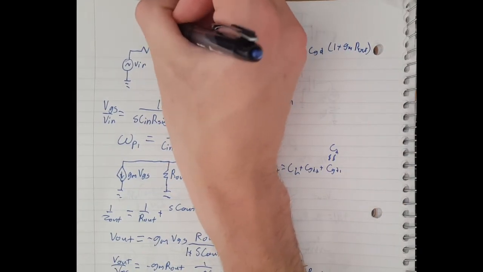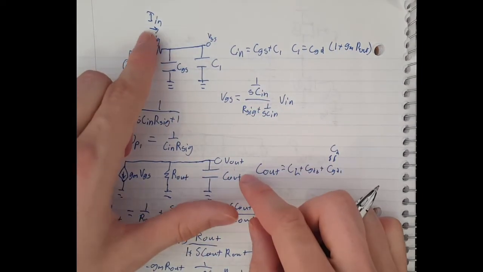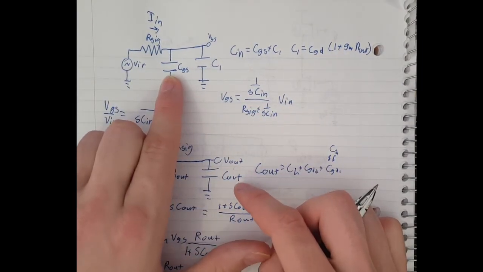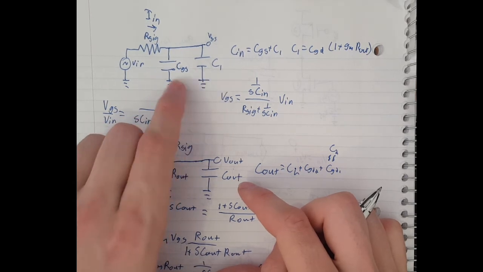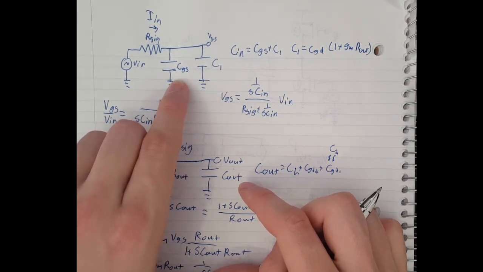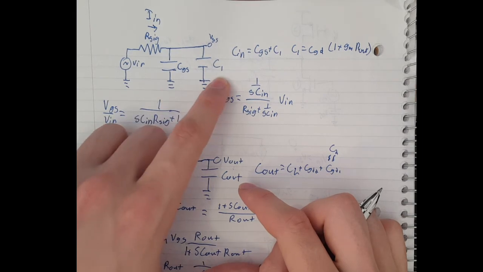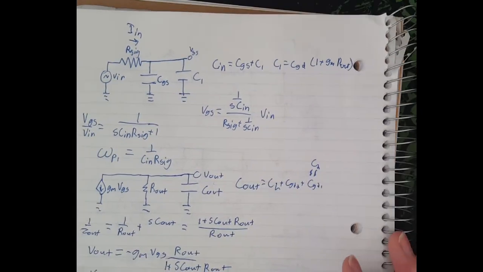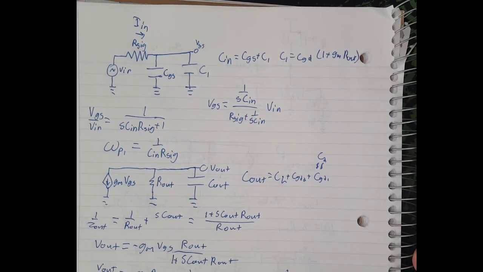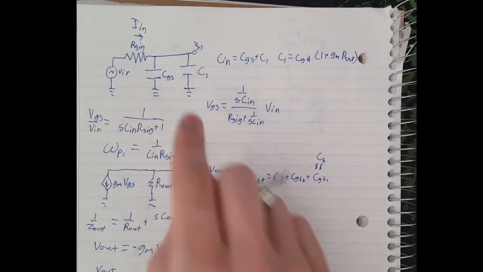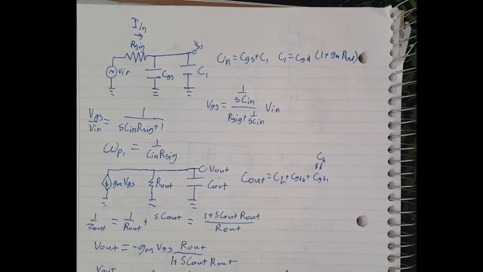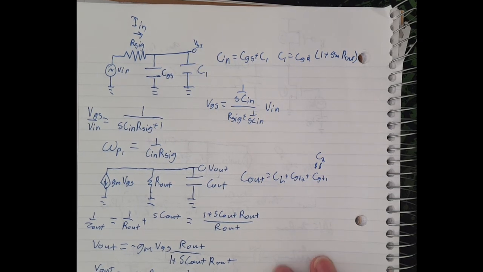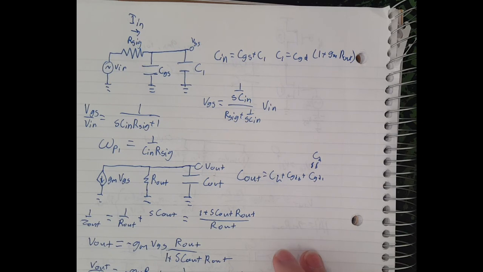I in, but we're assuming that's very small because both of these capacitors are very large, especially C1, because C1 just scales directly with gain, and we designed the gain to be large. So the current that's actually coming in through here is extremely small, which causes the 0 to be very large, which means that unless you're at very high frequency, the 0 isn't going to matter a lot.